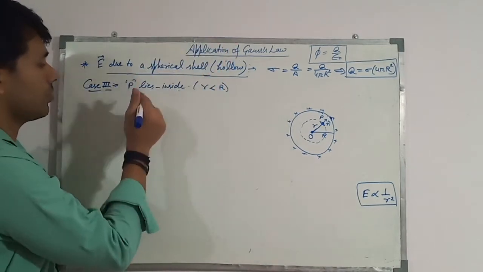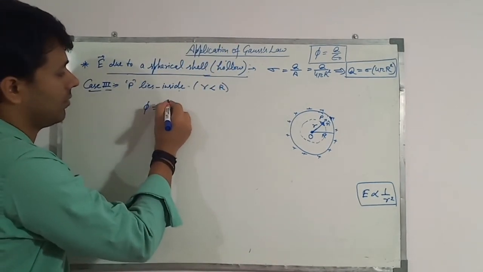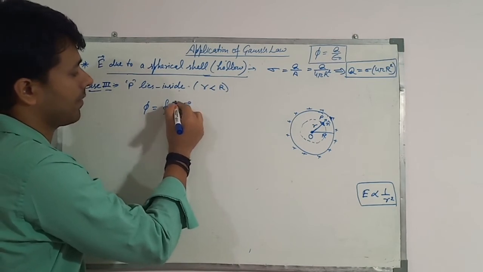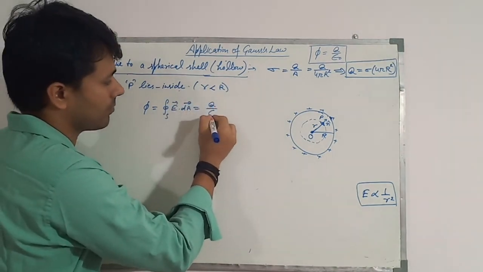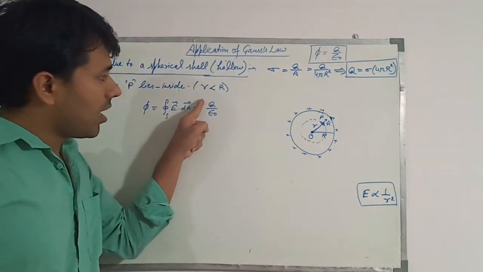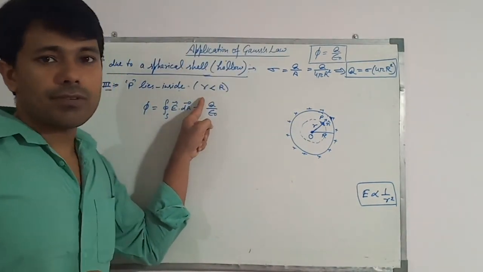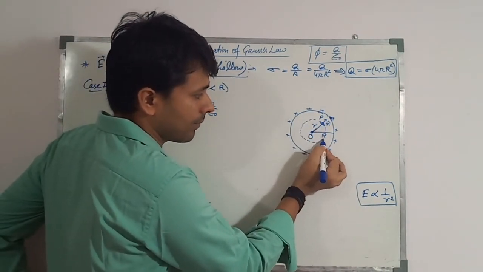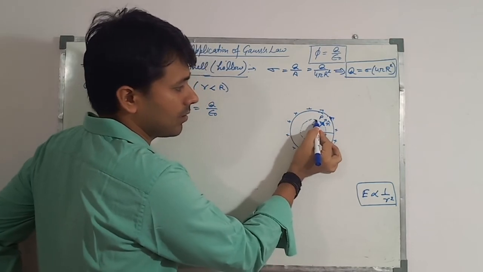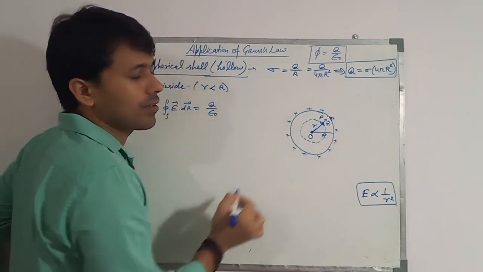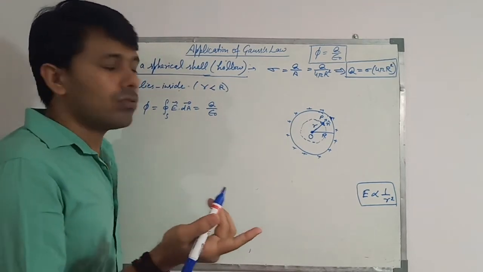According to Gauss law, the closed integral of E dot dA is equal to q upon epsilon naught. Q is the total charge enclosed by the Gaussian surface. So this is our Gaussian surface, having radius r. How much charge is enclosed by this Gaussian surface? No charge.